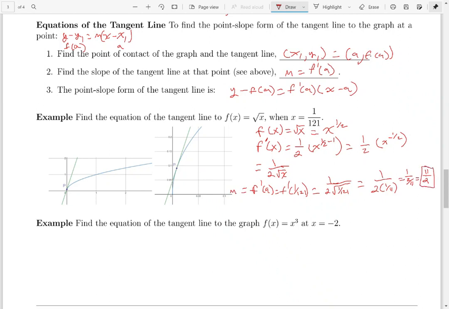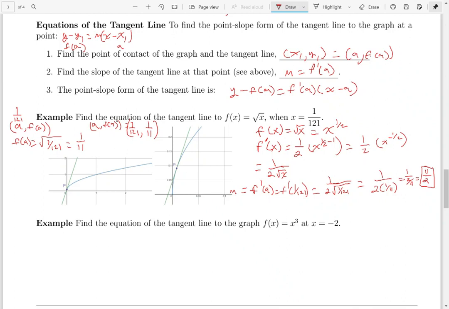Great. Well, I also need to find that point, a, f of a, but we know that a is 1 over 121, and so now I just need to plug that into my function. F of a is just going to be the square root of 1 over 121, which is then 1 over 11, and so now I have that ordered pair, a, f of a, which is then equal to 1 over 121 and 1/11.